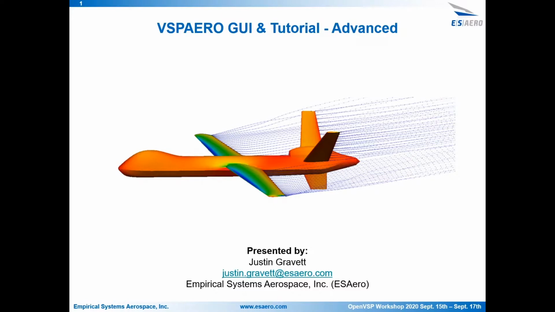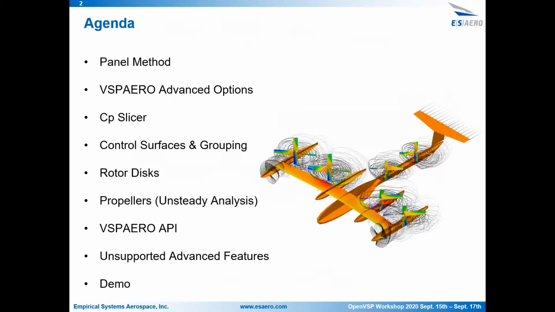So I'll start by briefly talking about the panel method, which I also touched on in that last presentation. Then we'll just go through the OpenVSP GUI, showing all the different advanced options that are in there. We'll talk about the CP slicer, control surface grouping and deflections, then actuator disks and propellers, which is one of the newer features.